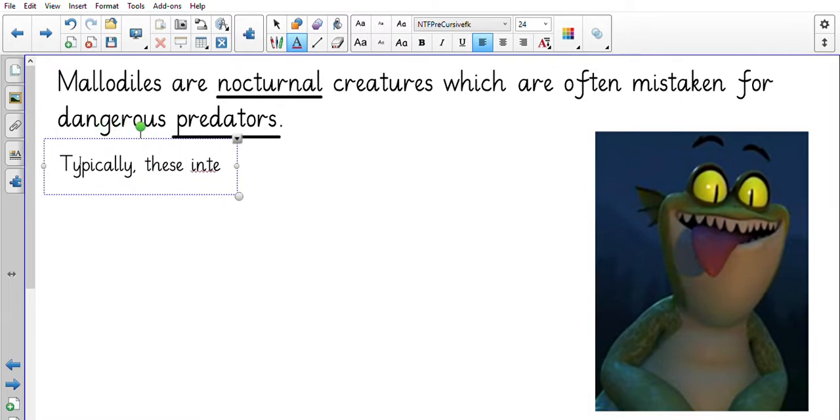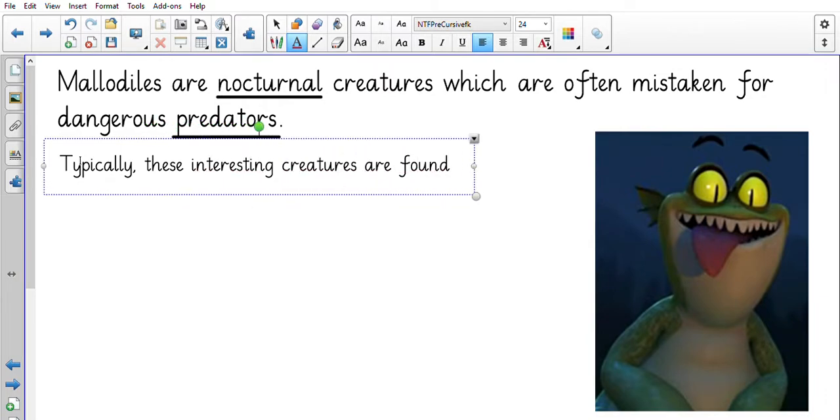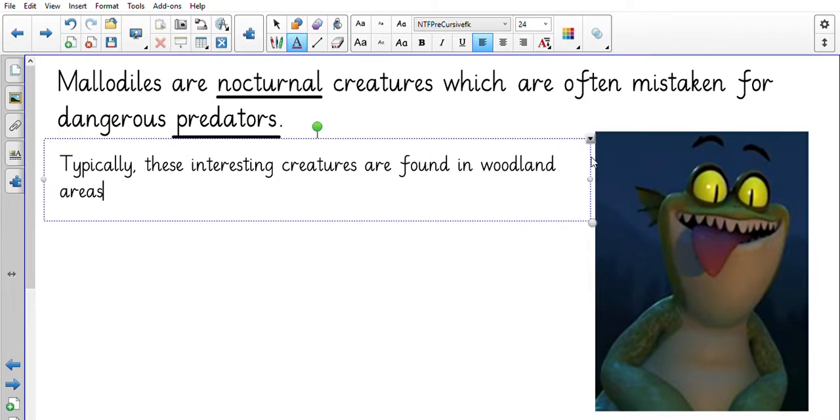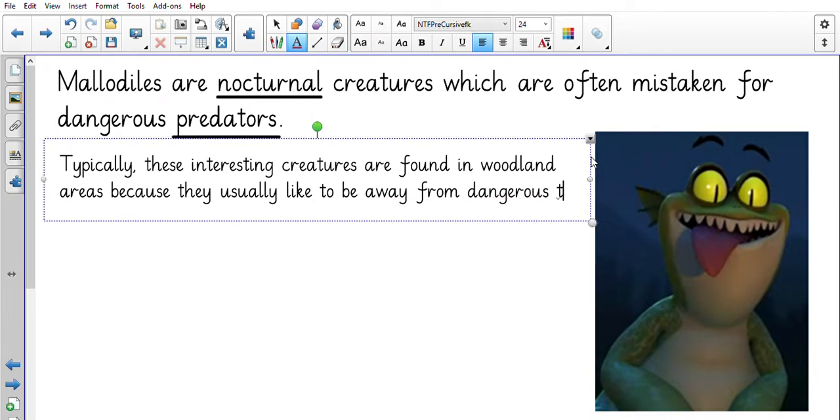These interesting creatures are found in woodland areas. I'm going to extend my sentence now by using a conjunction because they typically, I've already used typically, so I'm going to change that. They usually like to be away from dangerous traffic.